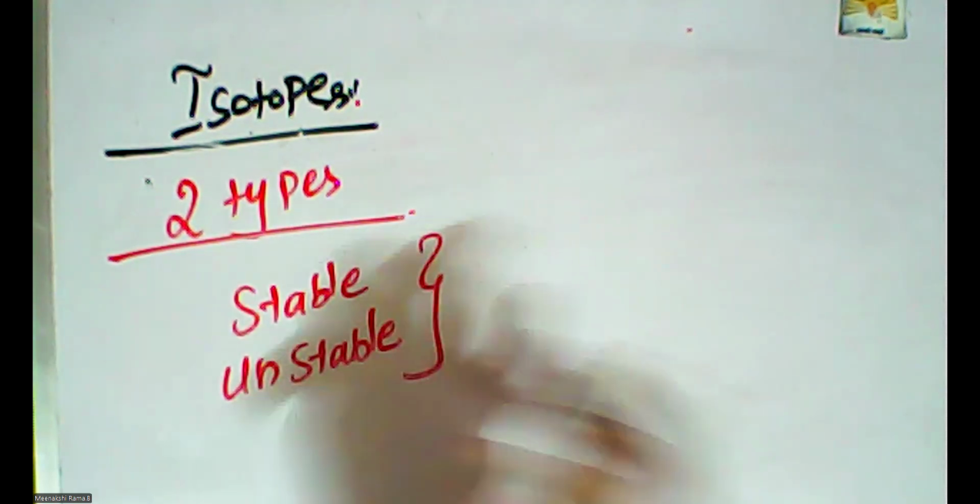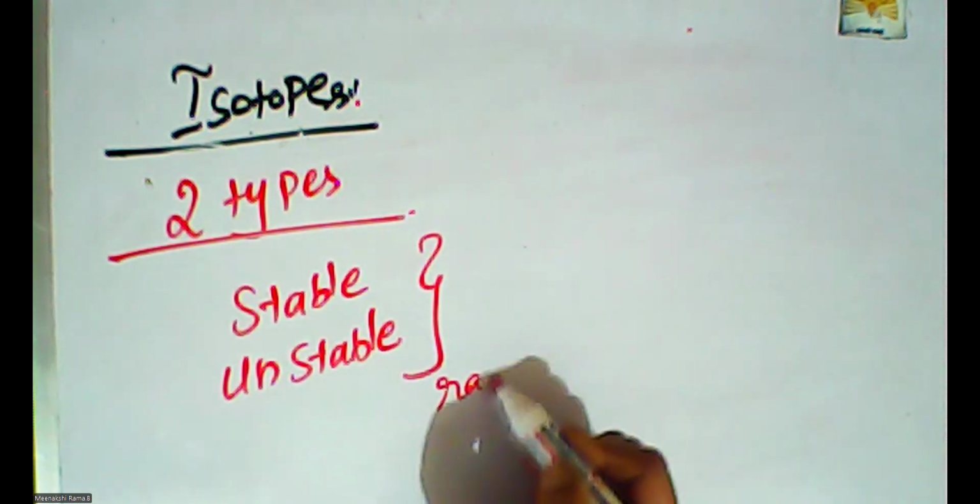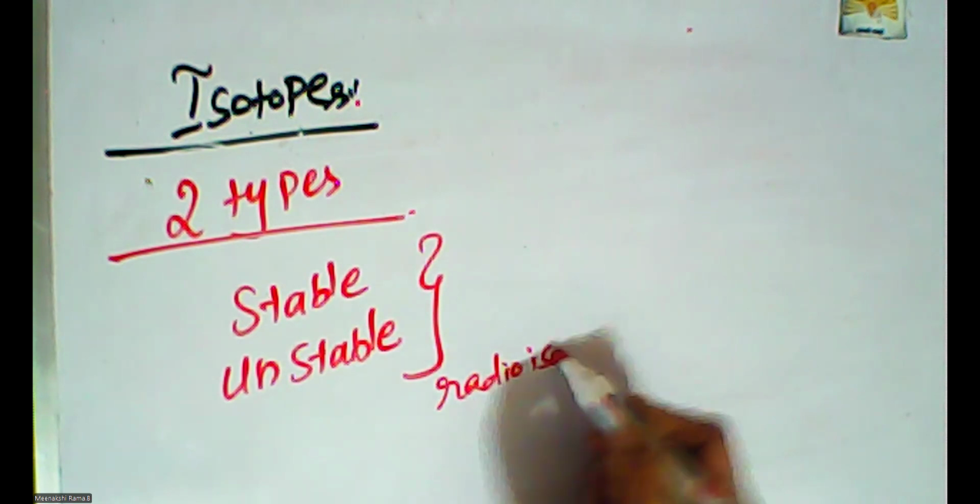How can we identify the stability of an isotope? When the number of neutrons is changed, extra neutrons are added in the nucleus, the stability will change. That type of isotope is called a radioisotope.